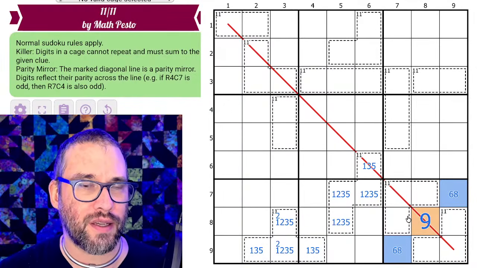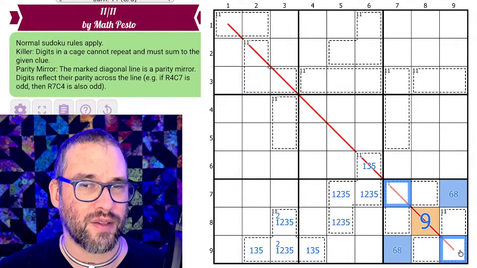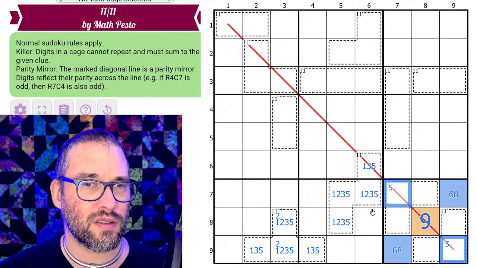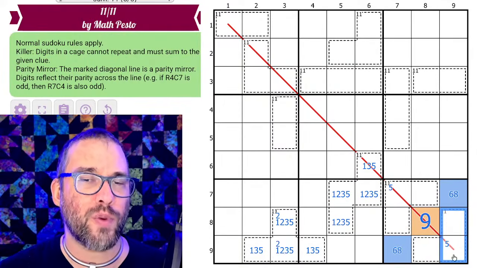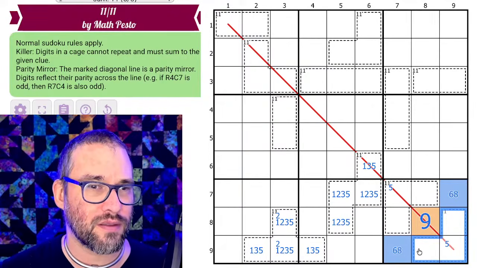Let's see. I guess that means one of our diagonals is 5. Oh, but we know which is the 135 cage, because we can't make it this one.